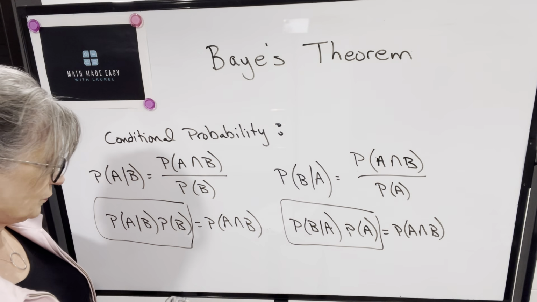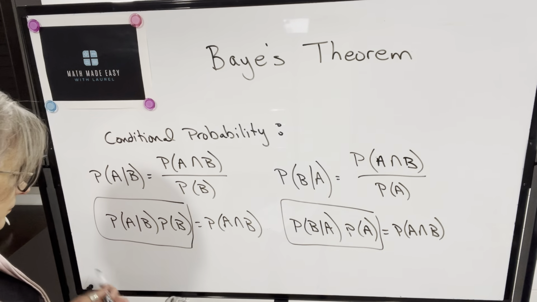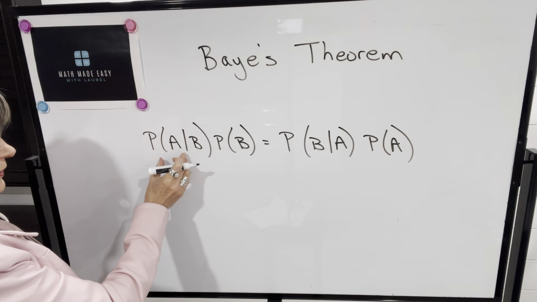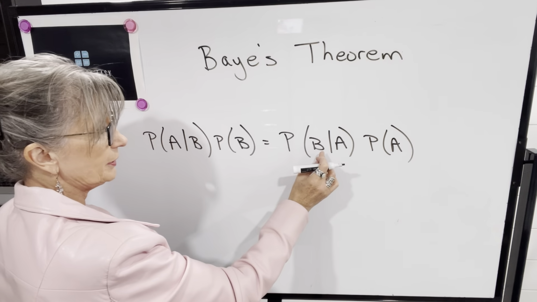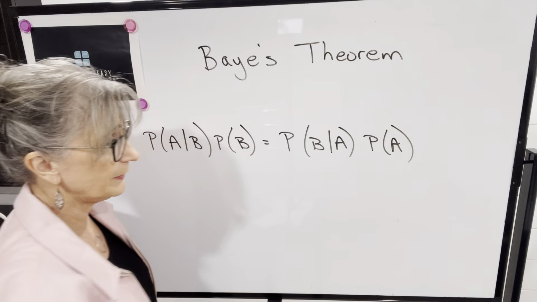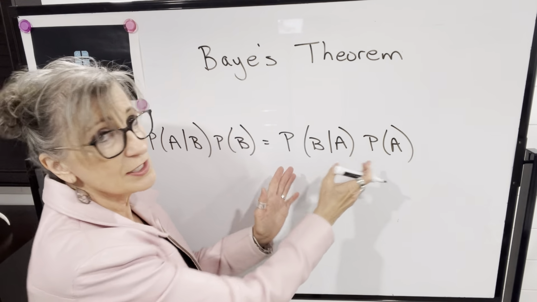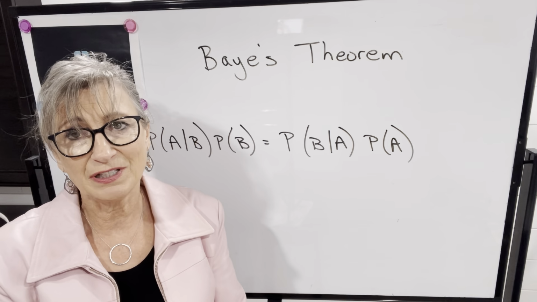So let's write those two expressions as equal. We know that the probability of A given B times the probability of B will equal the probability of B given A times the probability of A, because each of these is equal to the probability of A and B.